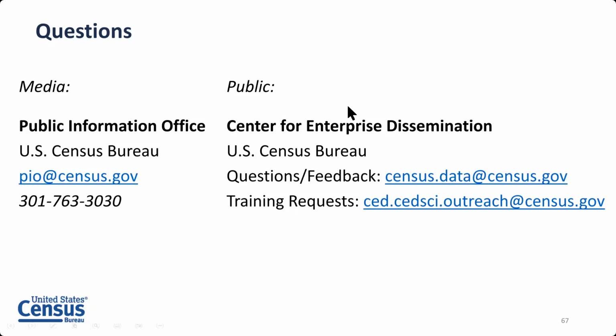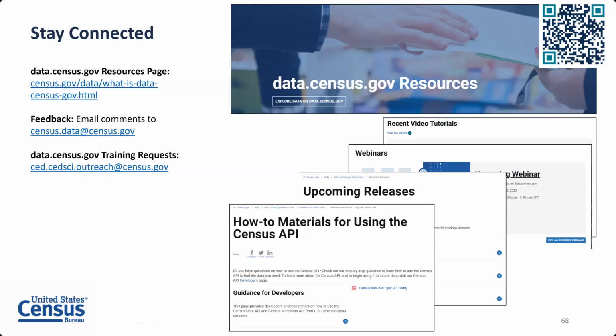All right, well, I did want to share some additional resources available. When you click the help link under the single search bar, it will take you to the data.census.gov resources page. This is your one-stop shop for all educational materials on our site.